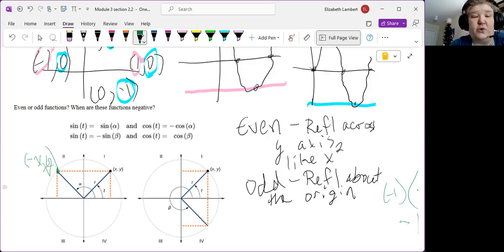But my cosine of alpha and my cosine of t have an opposite relationship. One is the numeric opposite of the other, which we notate by saying, if I multiply by negative 1, then it's equal to the original.